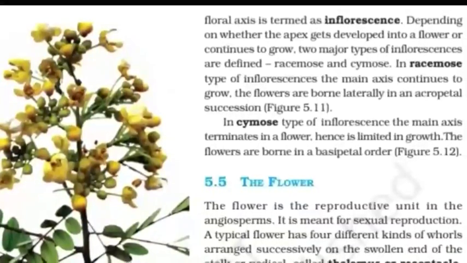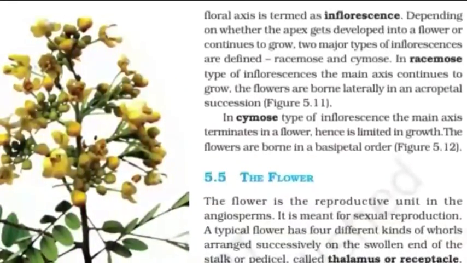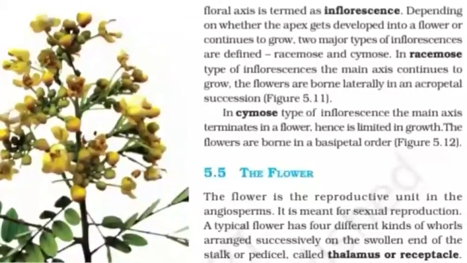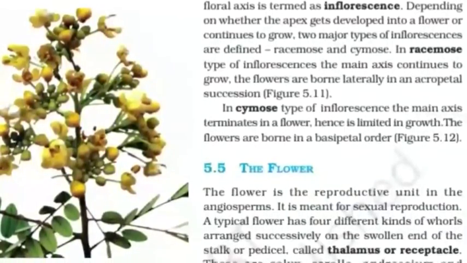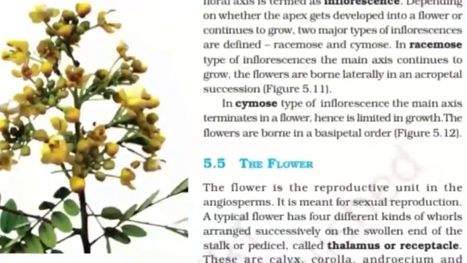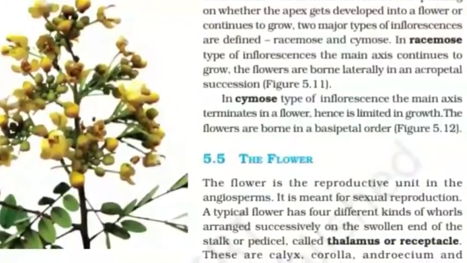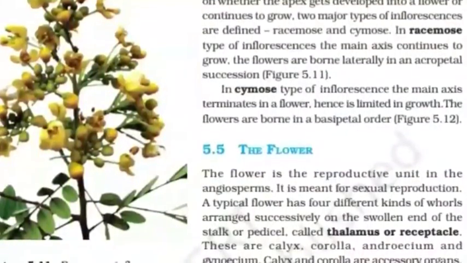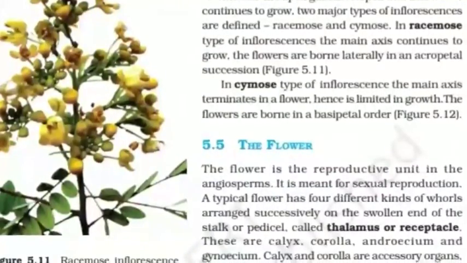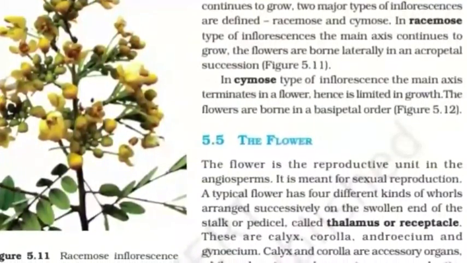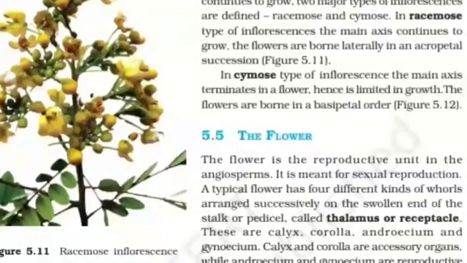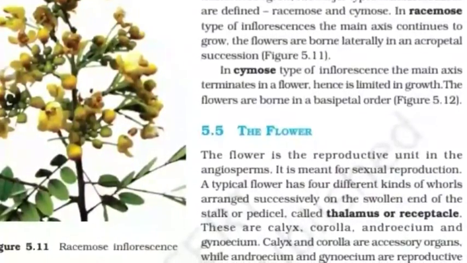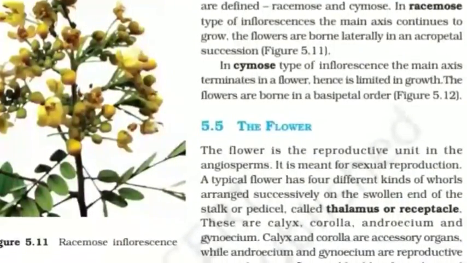The flowers are borne laterally in an acropetal succession. In cymose type of inflorescence, the main axis terminates in a flower, hence it is of limited growth. The flowers are borne in a basipetal order.